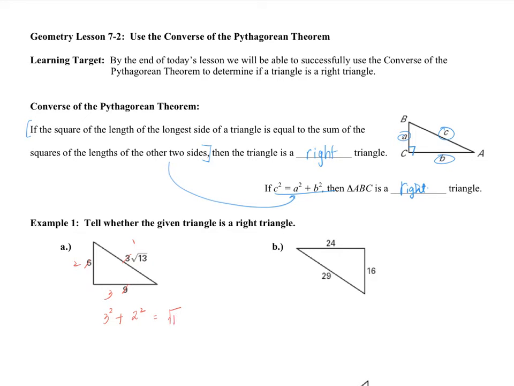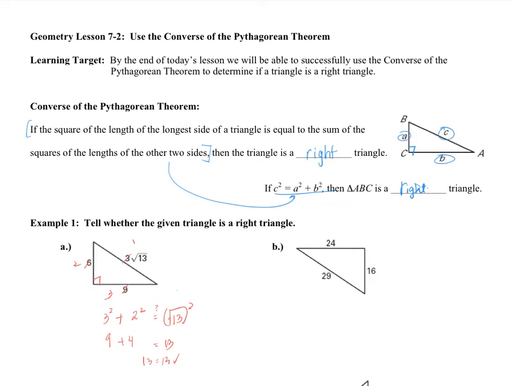And I want to check if it's equal to the square root of 13. And it is. So this triangle here is a right triangle.